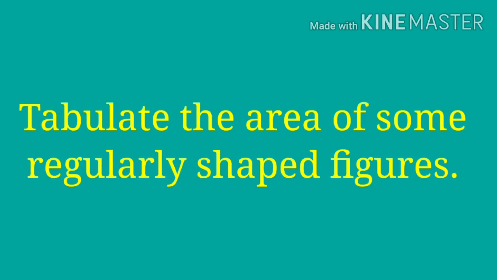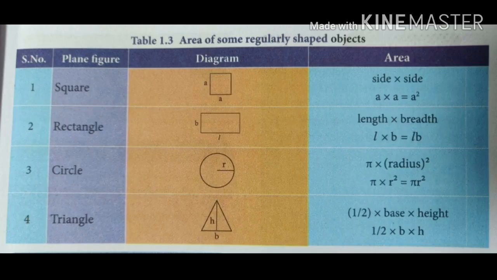Next one, tabulate the area of some regularly shaped figures. Give examples for regularly shaped figures. What are they? Square, rectangle, circle and triangle. Now we will see the formula to find out the area of regular shaped figures. First one, square, what is the formula? Side into side, or a into a, a square.